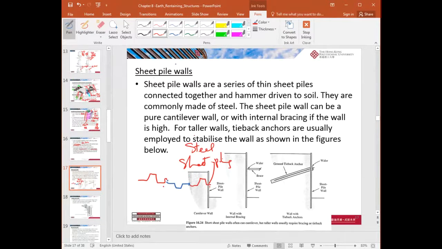So you have the interlocking here. So individual pieces of sheet piling will be interlocked with each other, and these rows of steel sheet piling will be driven into the ground. So here's the depth of penetration.